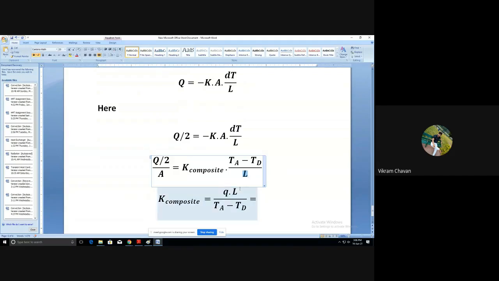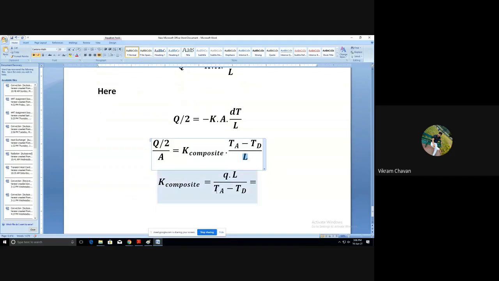So K composite will be equal to small q, the heat flux that we have calculated, multiplied by the total thickness of the slab, divided by Ta minus Td.